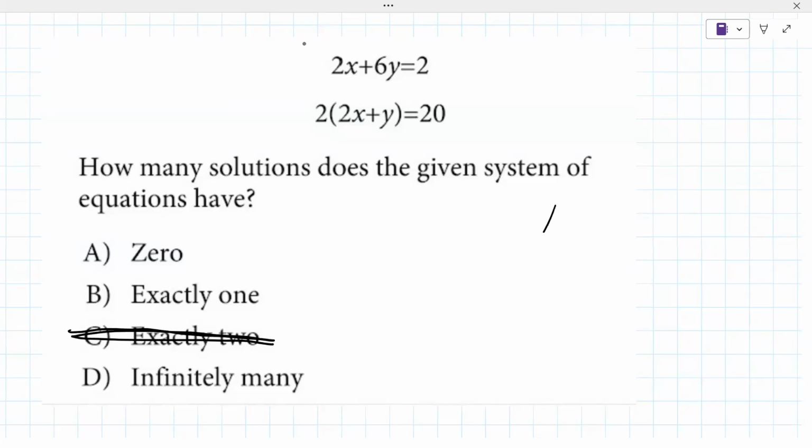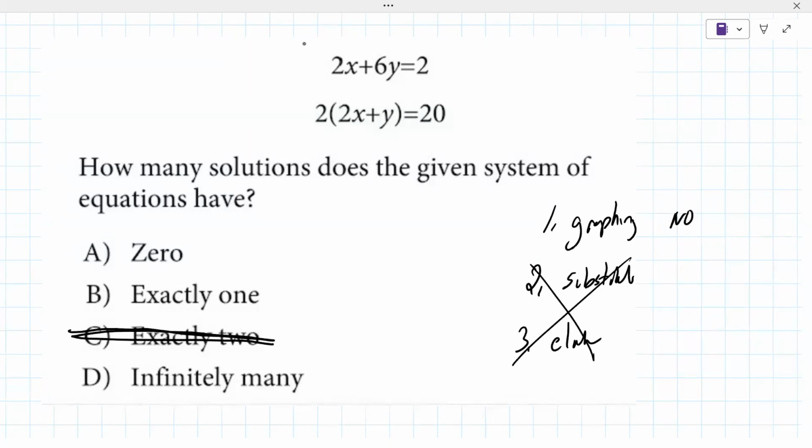All right, so there's three approaches that they talk about in the classroom typically. There's more than three. The first is graphing. You're not going to graph these. No, you're not doing that. Second is substitution. Third is elimination. Do you remember any of those? Yeah. Oh yeah. Okay. You're not really going to do either of those on the SAT because it takes too long.